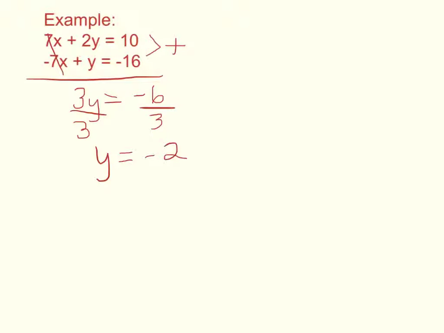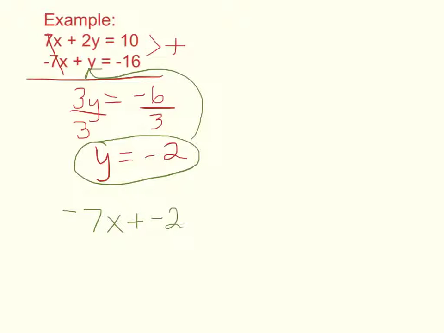Once we've got our y, we take what y equals and we substitute it back into either equation for y. I'm going to substitute it right here. I think that will be the easier equation. So we have negative 7x plus negative 2 equals negative 16. We add 2 to both sides.